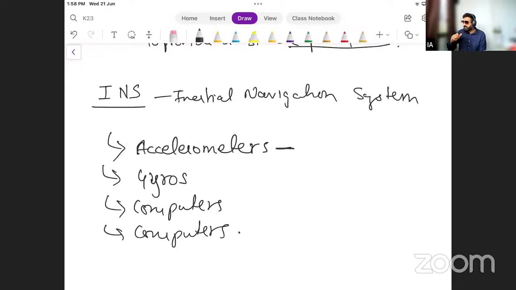And whenever the aircraft is accelerating ahead or slowing down, the pendulum swings ahead or behind. Based upon the movement of the pendulum, electrical currents are picked up, and the amount of electric current is sent to the computer, where the computer analyzes the amount of current with respect to the amount of pendulous movement of the accelerometers, and it gives us time.